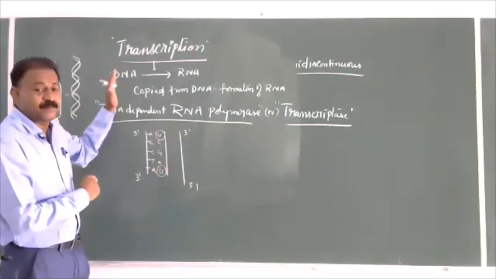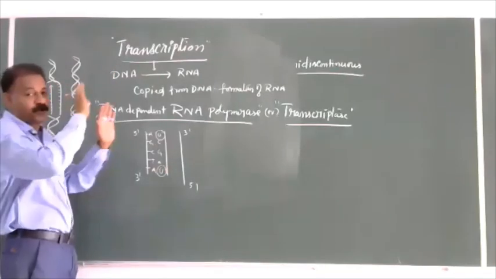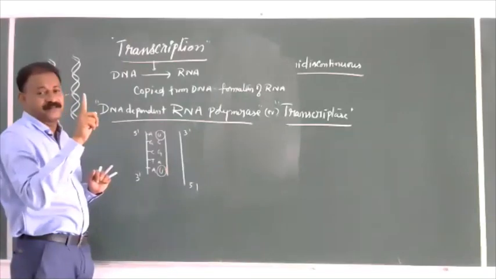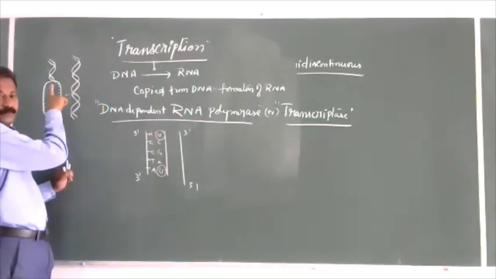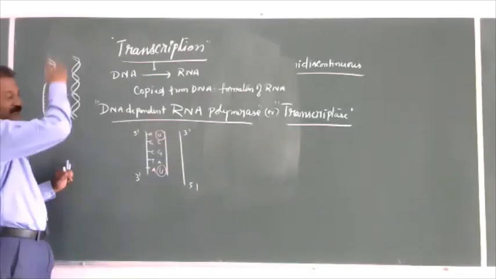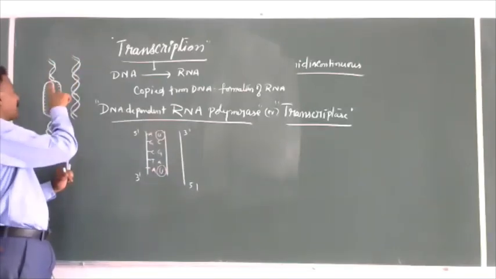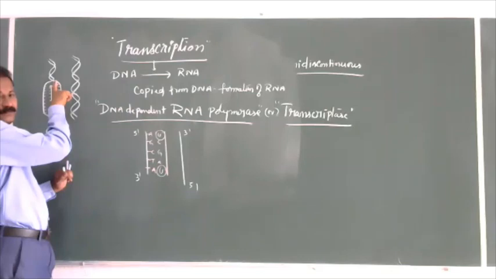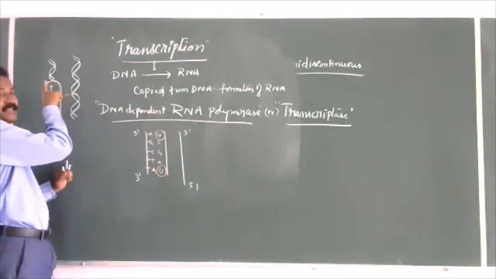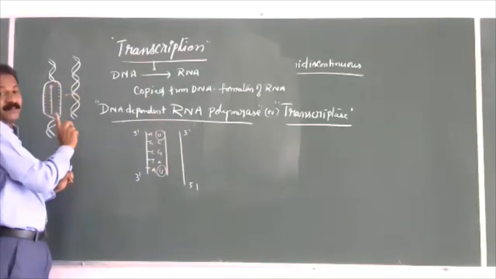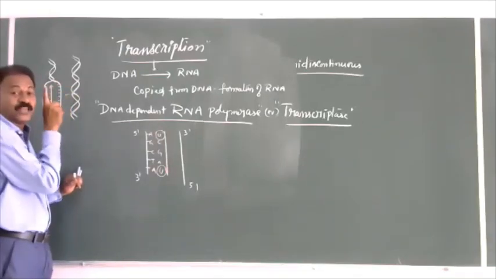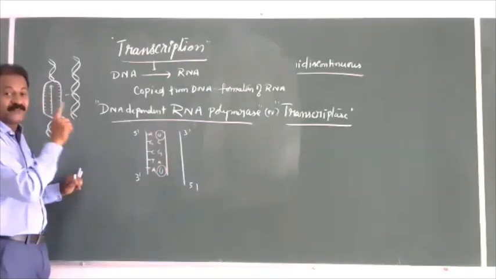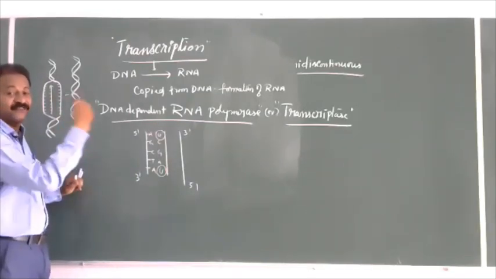Unlike in DNA replication, the total DNA is not going to open. First concept, only a fragment of DNA will open. Total DNA is not involved, only a particular region. We will see what that region is. From this particular region, out of the two strands, only one strand is involved in the formation of RNA.